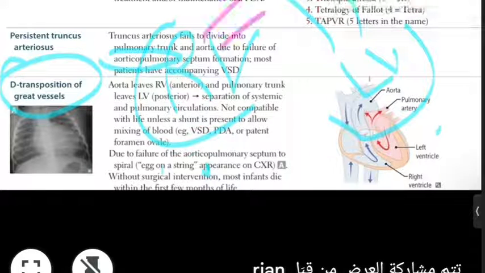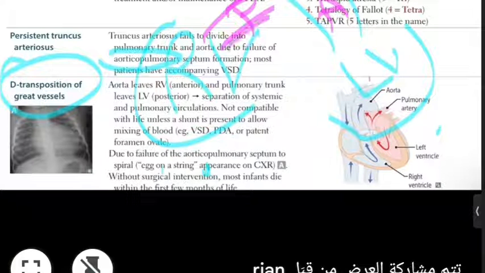Here you have the pulmonary and here you have the aorta. Now what will happen in transposition of great vessels? It is a congenital disease present before birth.